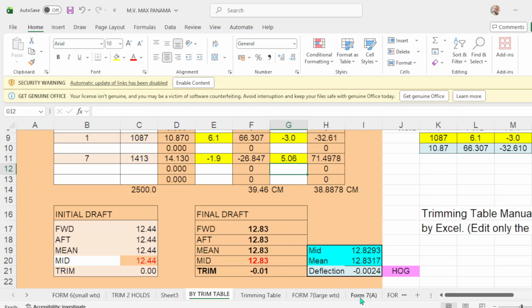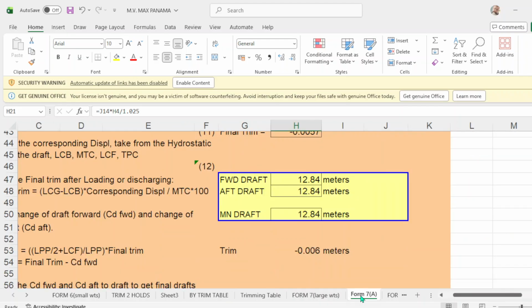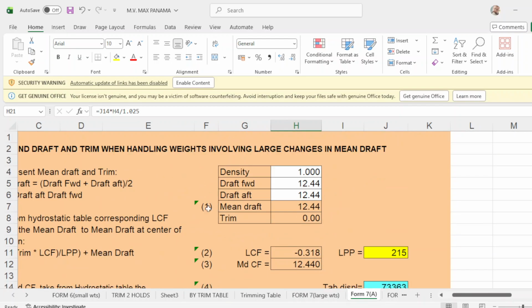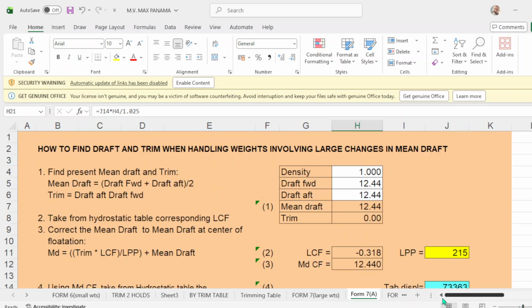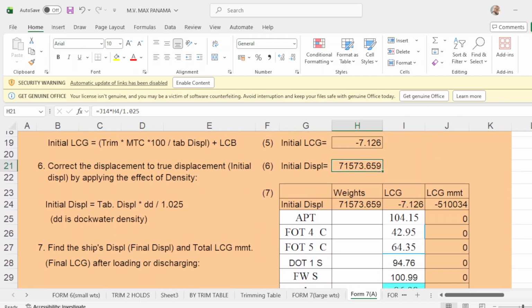The last one is your form 47, which is how to find drop and trim when handling weights involving large changes in mean drop. So your initial density was 1.000, your initial drop of 12.44, forward and aft.